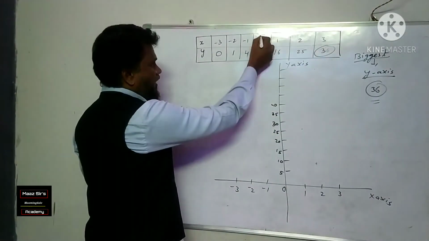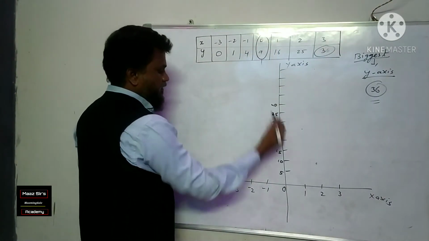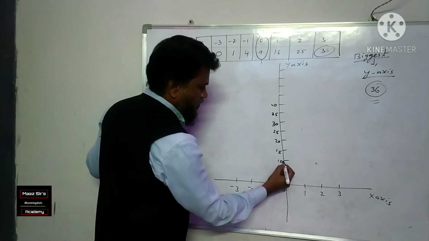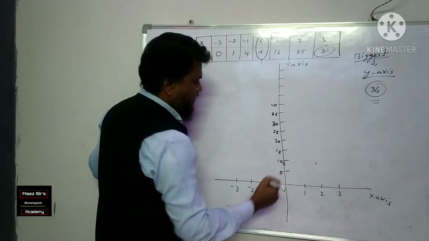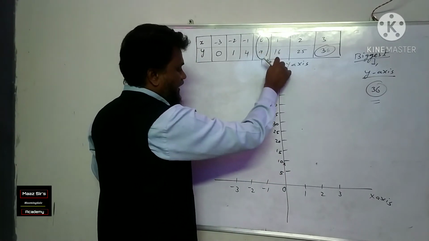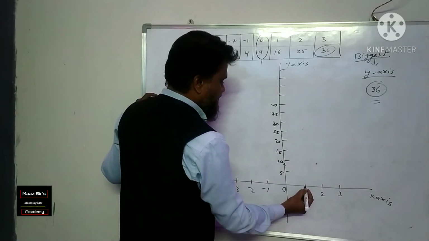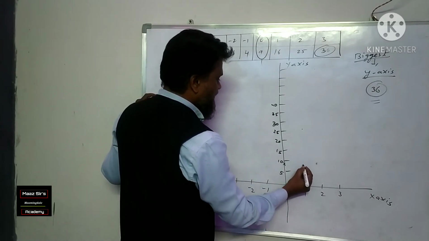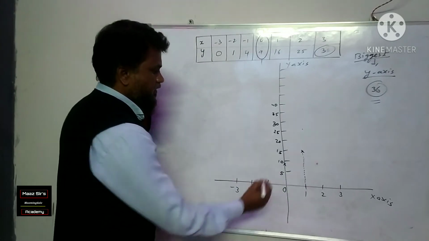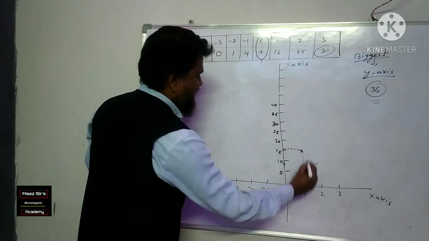So we'll start with 0. The x-value is 0 here, and the value of y is 9. So you'll get the point here at 9. Similarly, for x equal to 1, you are getting 16. So I am getting the point here at 16.